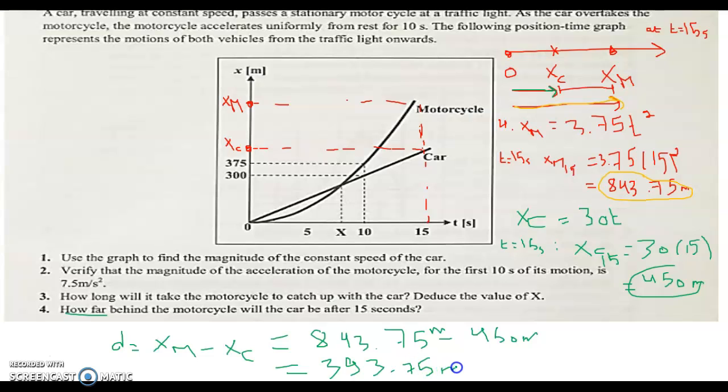So we say that after 15 seconds from the initial position, the car is 393.75 meters behind the motorcycle.